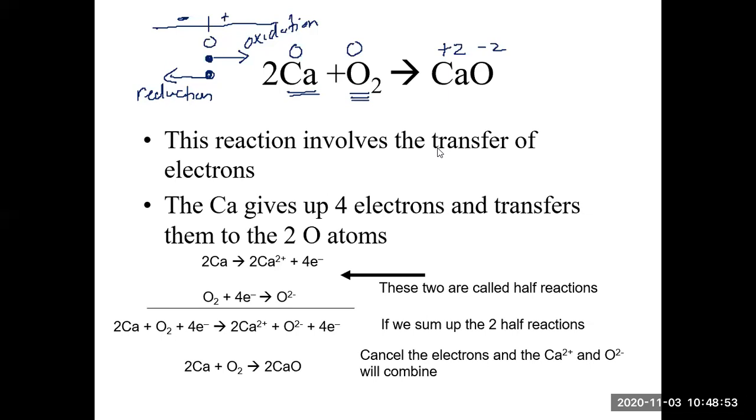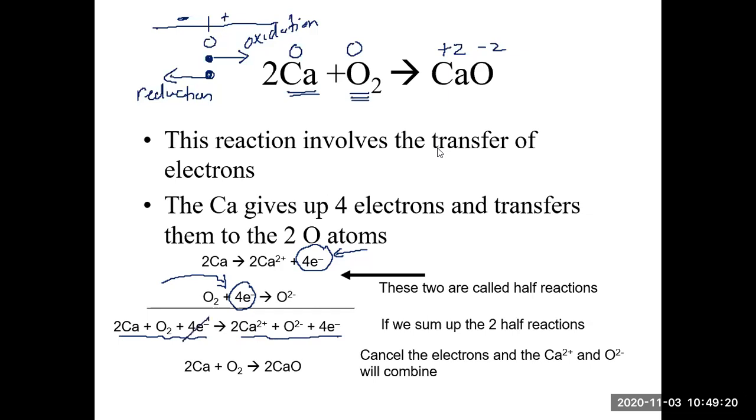Again, we could split this off into balanced half reactions here. We have 4 electrons in each on opposite sides. This is our oxidation half reaction, as our electrons are on the product side. This is our reduction half reaction, as our electrons are on our reactant side. Again, you could keep everything on the left-hand side, everybody on the right-hand side, and the arrow is kind of like an equal sign.